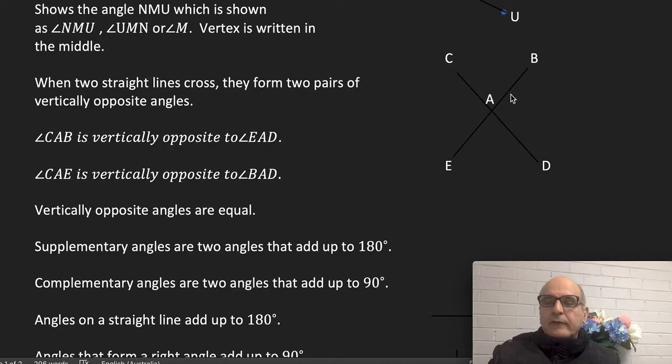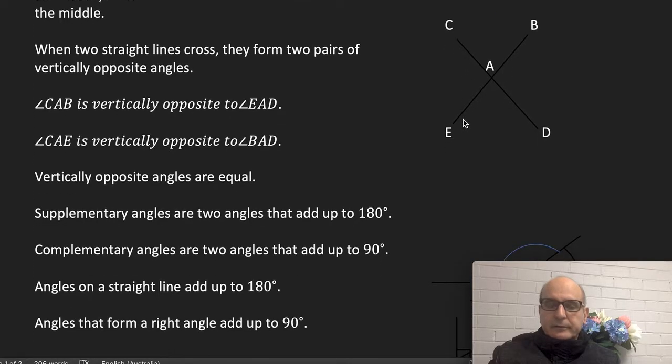And also you have another pair, this angle and this angle. They are vertically opposite too. And vertically opposite angles are equal. So if this was, for example, 60 degrees, that would be 60 degrees. If this was 120 degrees, that would have been 120 degrees as well.